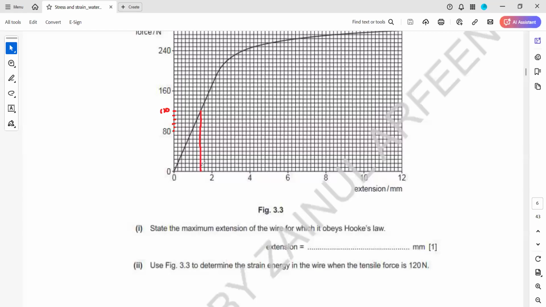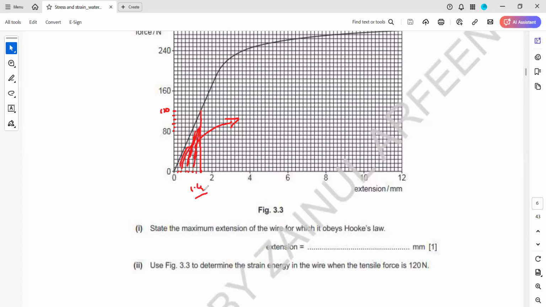The area under the graph we'll take, it will be half base times height. So what is the base here? 1, 2, 3, 4, 5, 6, 7 boxes, each is 0.2. So 7 boxes, 1.2, 1.46. No. It will be 0.2, 0.4, 0.6, 0.8, 1.0, 1.2, 1.4.